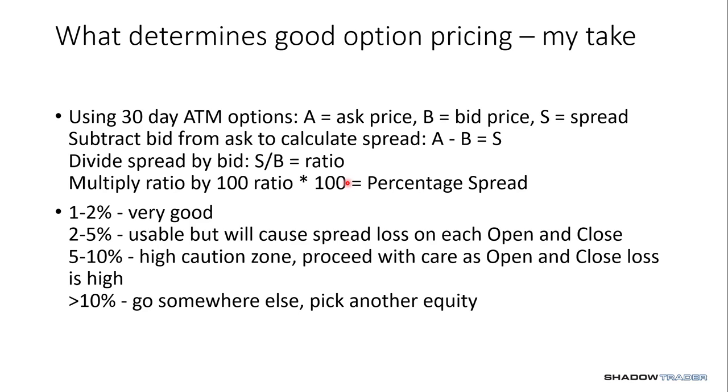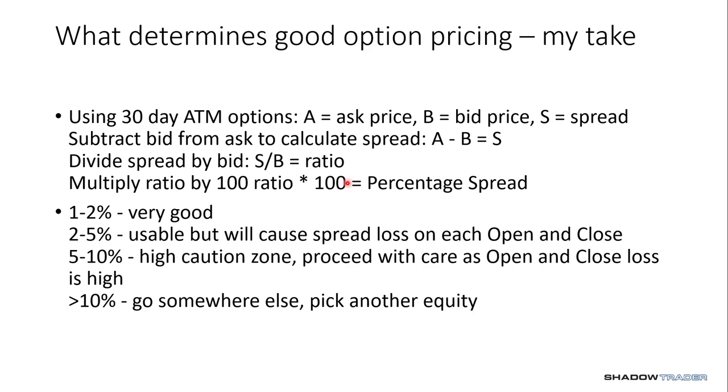Now divide that spread by the bid side, the lower price. It gives you a fraction. Just multiply it by 100 and it gives you a percent. If it falls between 1 and 2%, that's a very good option chain.